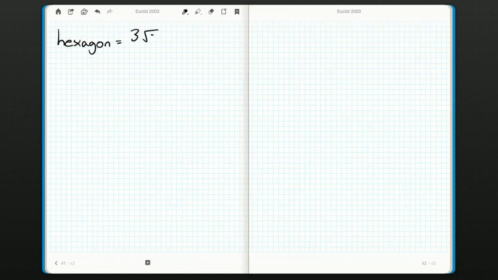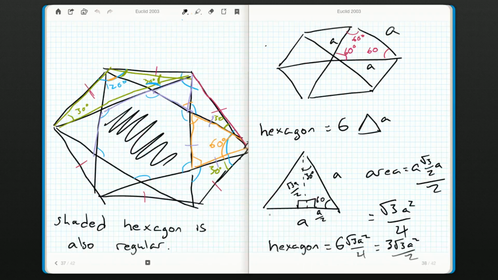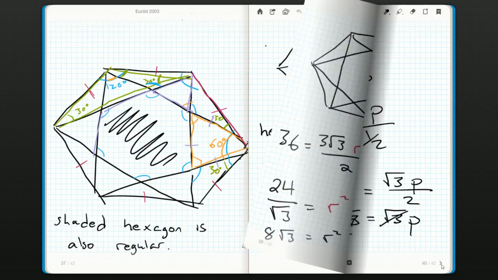So it's 3 root 3 p squared all over 2, if I'm remembering correctly. So let's just double check. Yep, everything looks good.